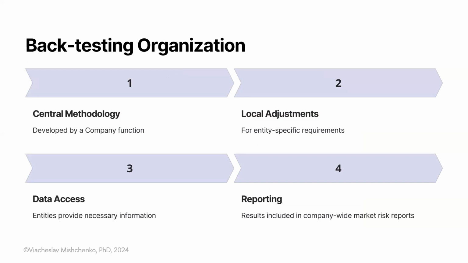For example, I've seen companies struggle when different divisions use inconsistent backtesting methods. Centralization helps very much, but we also need good data flow from all entities to make this methodology work. And in practice, this often requires breaking down silos between departments.